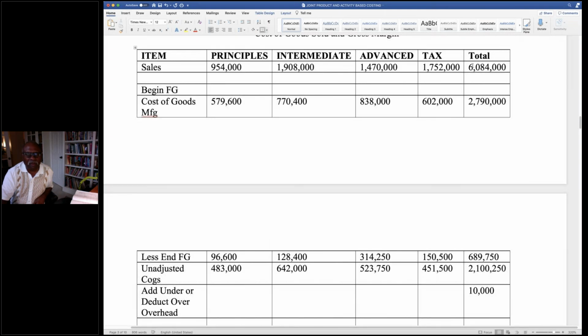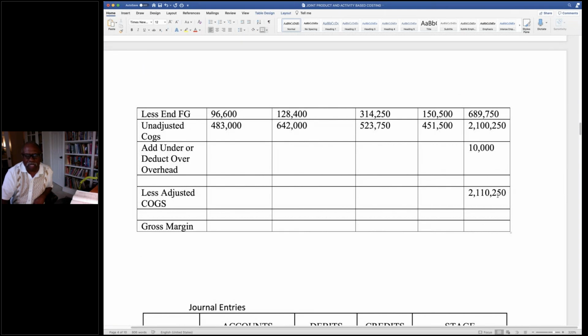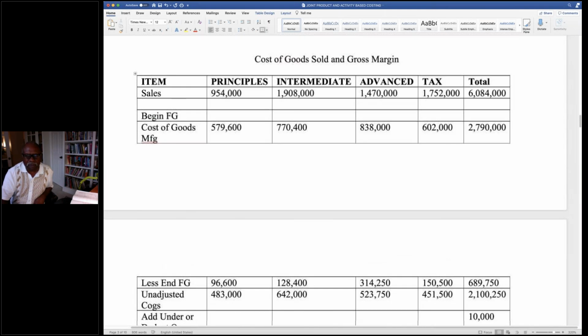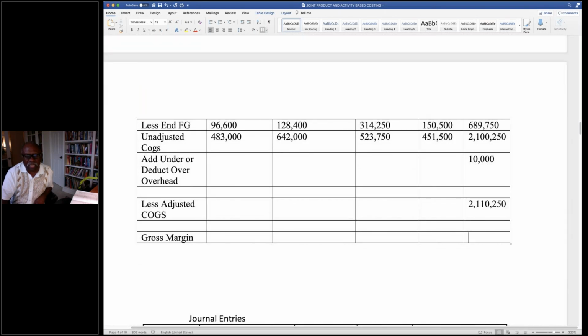Okay. Your sales was 6,084,000. The books cost you 2,100,000. That's your cost of goods sold. The difference between sales and this number here is your gross margin. How much is that gross margin going to be approximately?